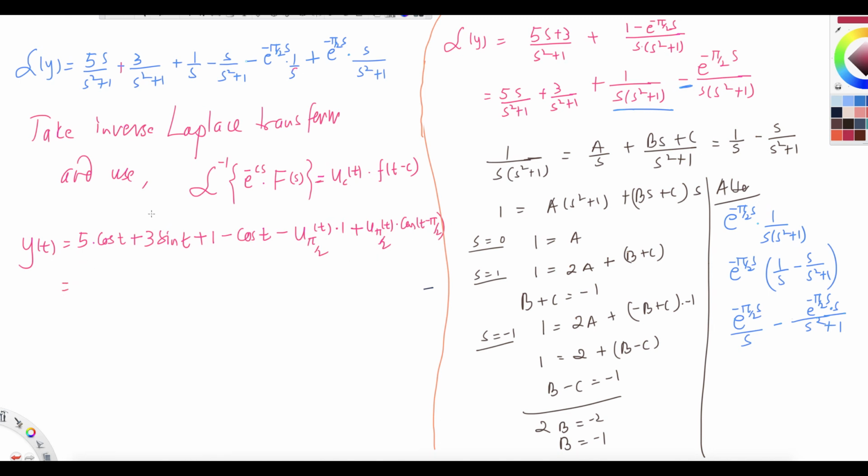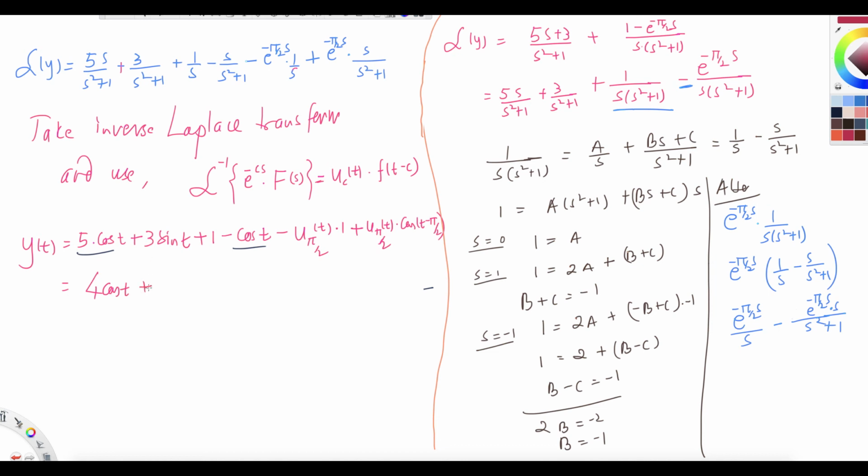Okay, so what do you get? You see that, is there any like terms there? Yes, there are like terms. What are the like terms here? 5 cosine t minus cosine t will be 4 cosine t, right?